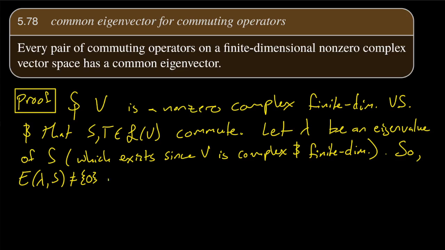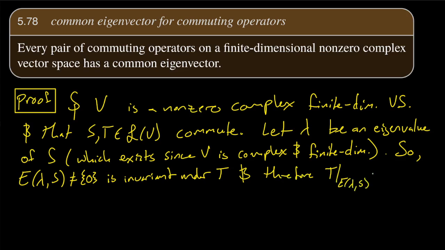So this guy is invariant under T, and therefore T restricted to E lambda S is an operator on E lambda S. Same trick as before.